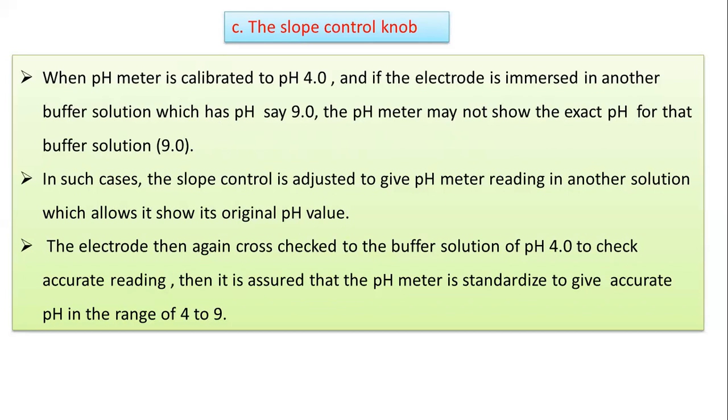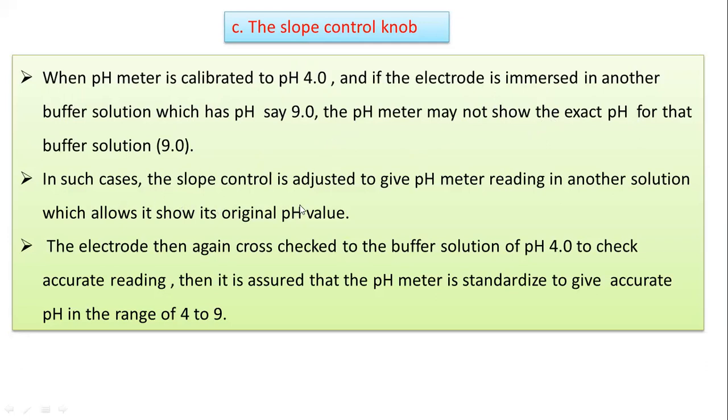So initially we dipped the electrode into the solution with pH 4.0, and then immersed it into another solution with pH 9.0. There may be some inaccuracy in the pH shown by the electrode.